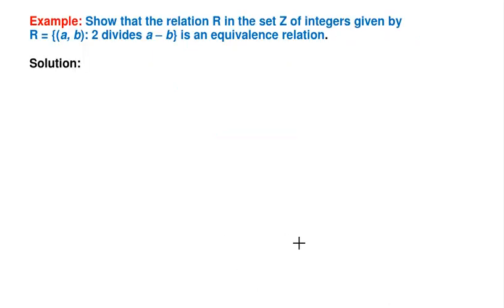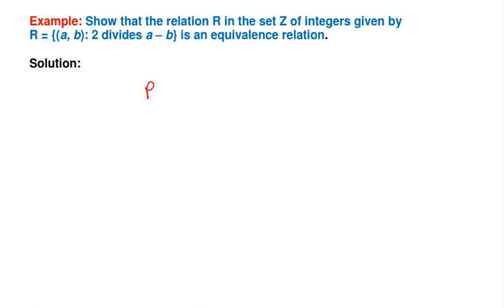We'll move to the next question. Show that the relation R in the set Z of integers, given by R equals the set of A comma B, is an equivalence relation. What is the relation between A and B? 2 divides A minus B. So A minus B should be a multiple of 2.